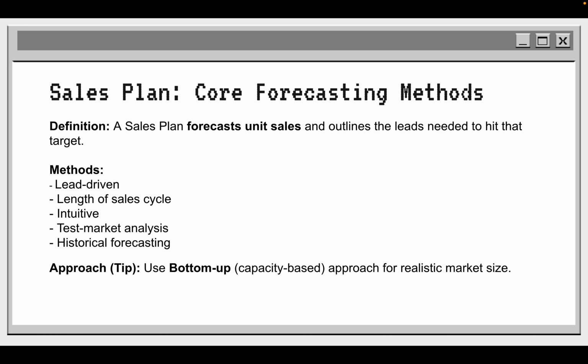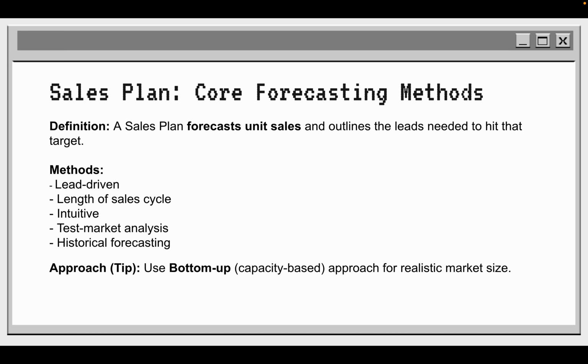The sales plan. A sales plan forecasts unit sales and outlines the leads needed to hit the target. There are various methods to do this, like lead driven, length of sales cycle, intuitive, test market analysis, and historical forecasts. In lead driven, we value each lead source based on past data.